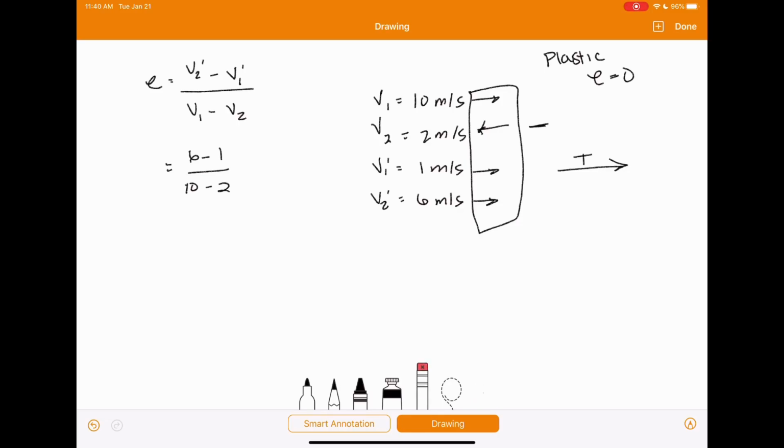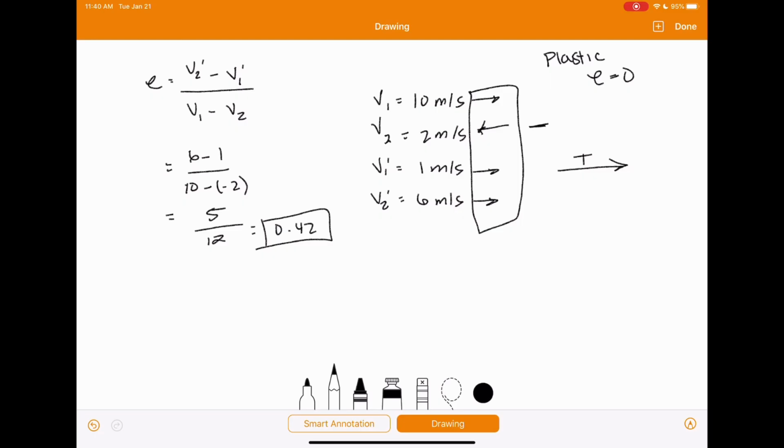So we're going to have a minus a negative 2. This ends up being 5 over 12, which when you plug that into your calculator gives a coefficient of restitution of 0.42.